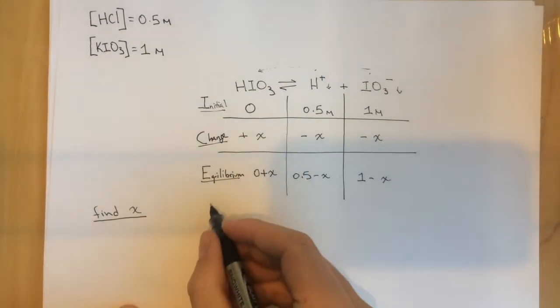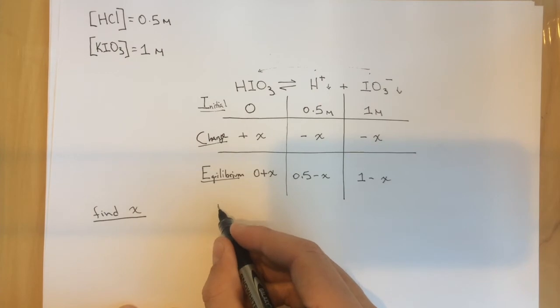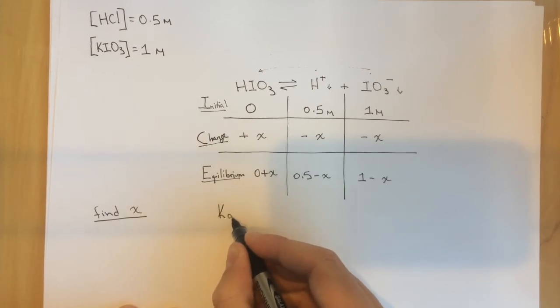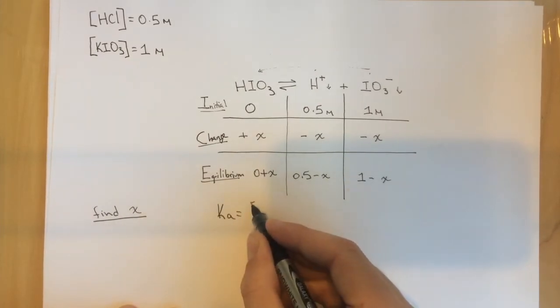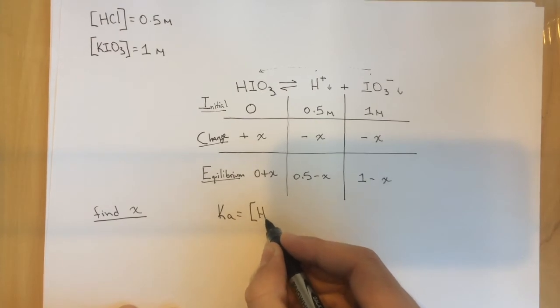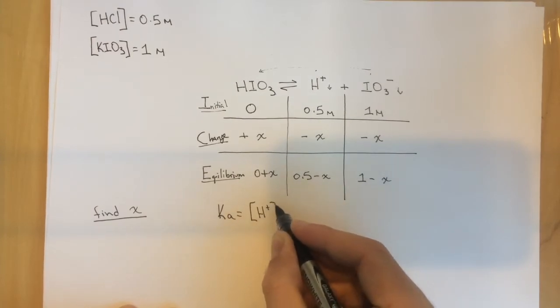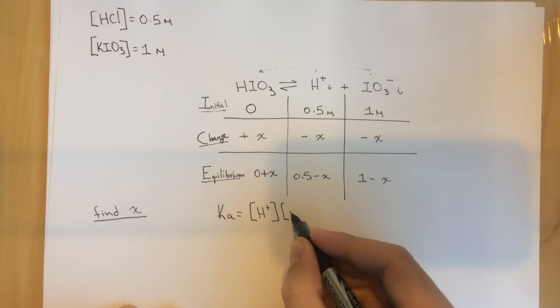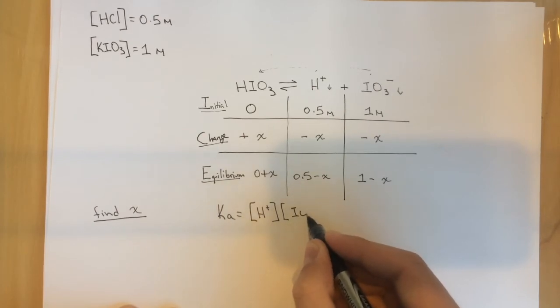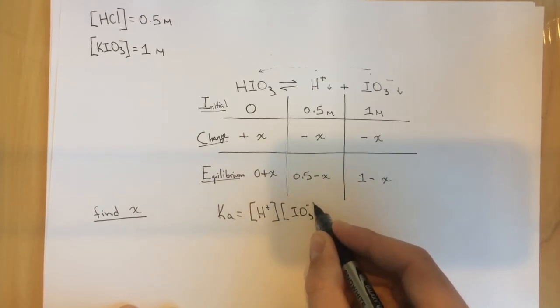So we can write out our equation. Ka equals the concentration of H plus times the concentration of IO3 minus.